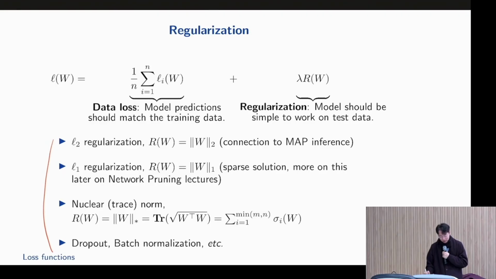We're going to come back to this later. There are many different variations. If you use the L2 norm of the weights, that's connected to maximum a posteriori inference from statistical learning theory. And if you use the L1 norm, that leads to sparse solutions, meaning your parameters are going to have lots of zeros. And we're going to come back to this in the network pruning lectures.